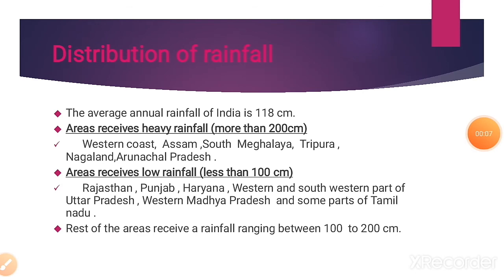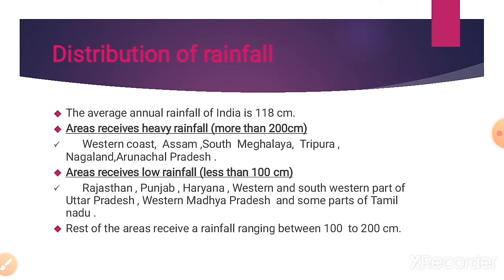The next topic is distribution of rainfall. The average annual rainfall of India is 118 centimeter. The areas which receive heavy rainfall, that is more than 200 centimeter, are Western Coast, Assam, South Meghalaya, Tripura, Nagaland, Arunachal Pradesh.